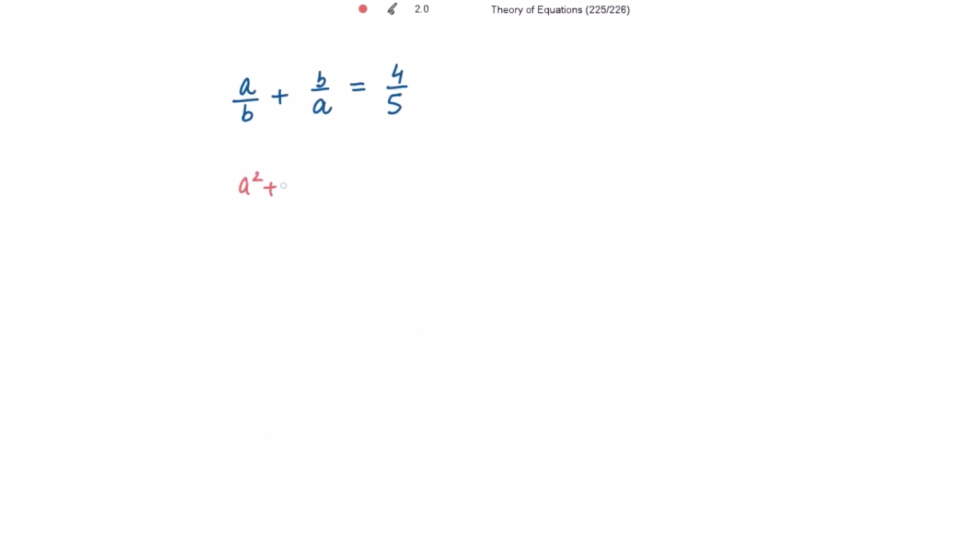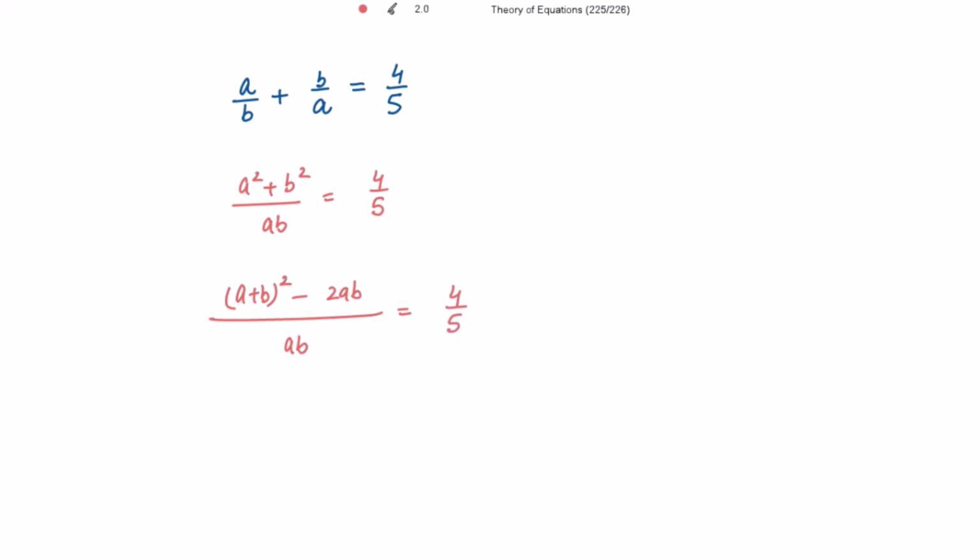It is (a² + b²)/ab = 4/5. And a² + b² can be written as (a + b)² − 2ab, divided by ab, is equal to 4/5.